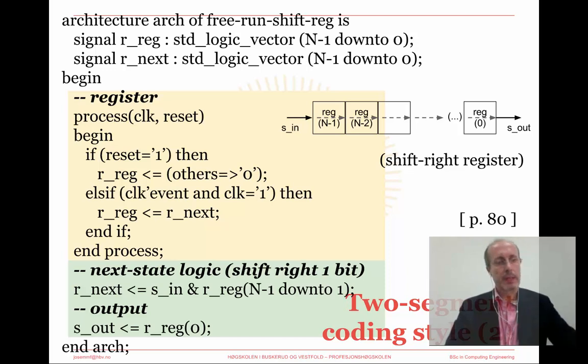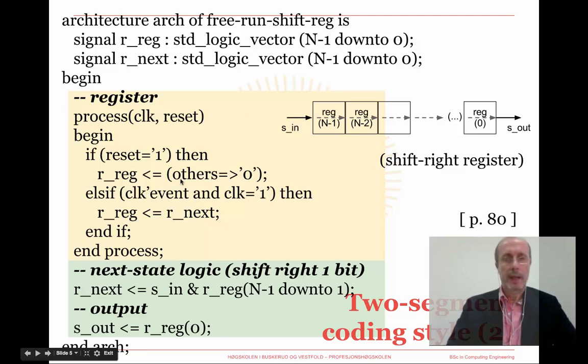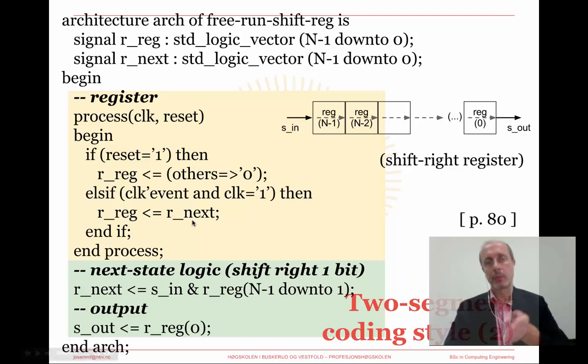Please notice that the state register segment in this case will set the current register outputs to 0 whenever the reset input goes high, or otherwise, if there was a rising edge in the clock signal, then the outputs of the memory elements will be updated with their next state information.